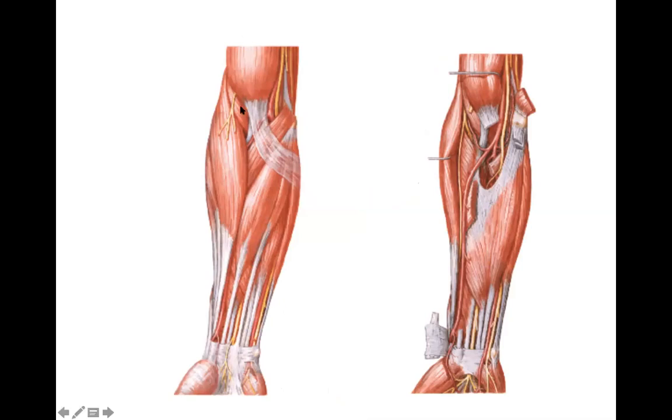So we can see a little bit of brachialis right here, a little bit of brachialis right there. Remember, brachialis is going to be our elbow flexor as well. So we have biceps brachii, brachialis, and brachioradialis as our elbow flexors. And then this little muscle going underneath the little aponeurosis of biceps brachii, this is our pronator teres.